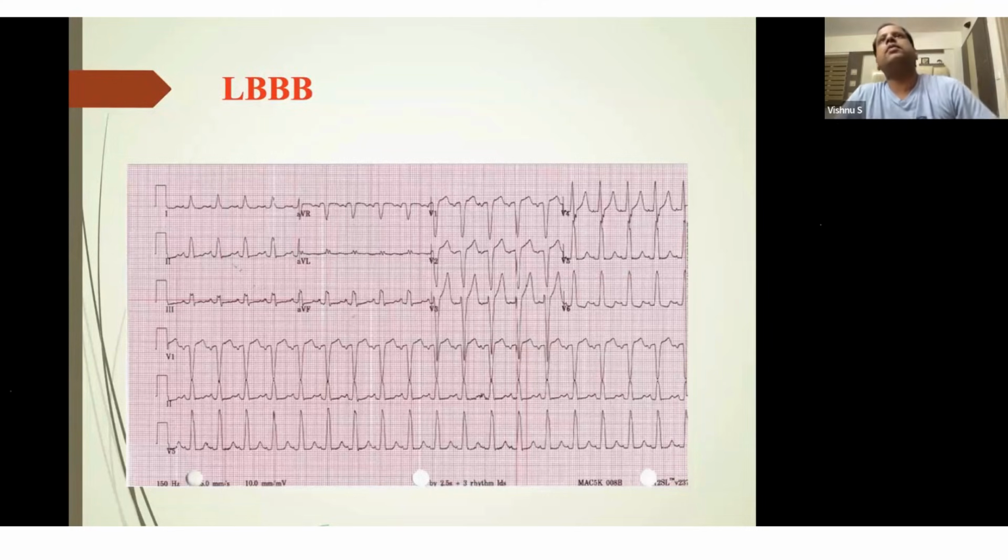And right bundle branch block, when you see it, it is usually seen in older people or patients who have atrial septal defect, not necessarily indicating any ischemic pathology. It is also a normal variant, and it can be seen in patients with peripheral congenital heart disease also.